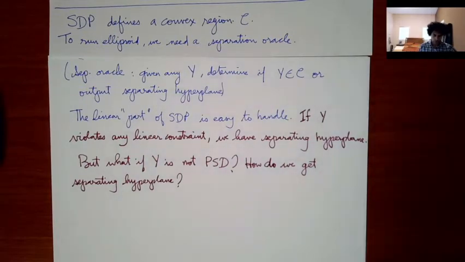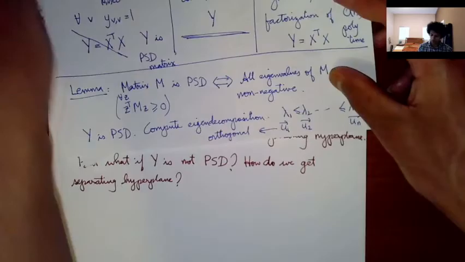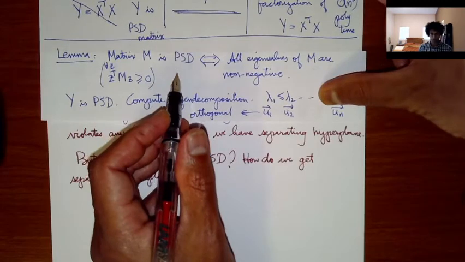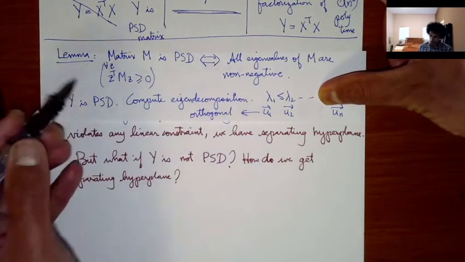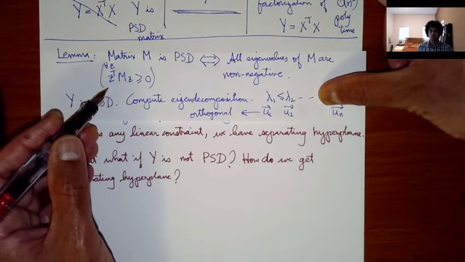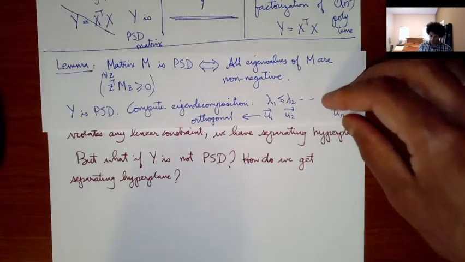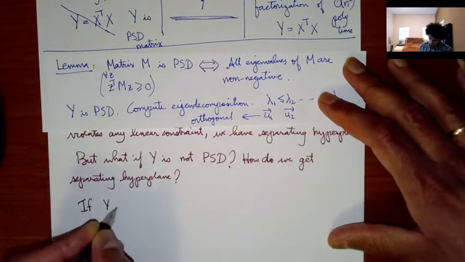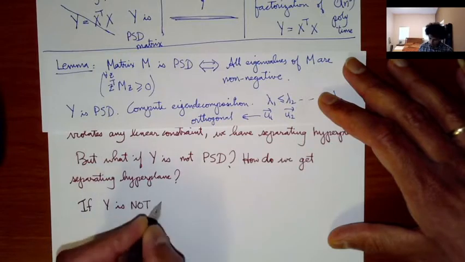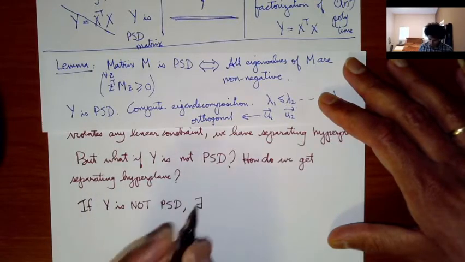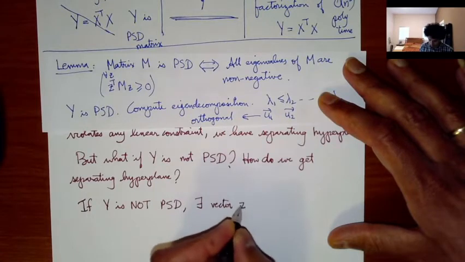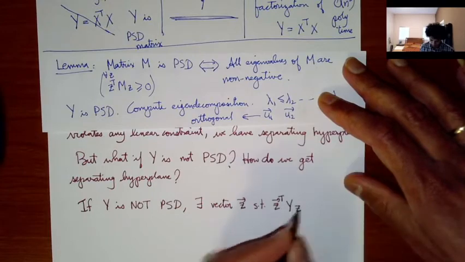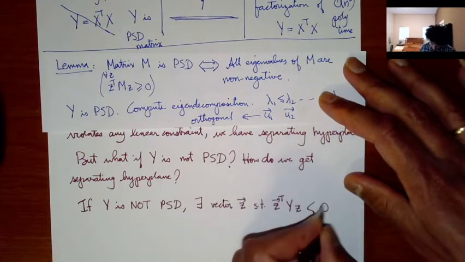So remember, I said if a matrix is not positive semi-definite, then by definition there exists a Z such that Z transpose MZ is less than 0. So if Y is not PSD, there exists a vector Z such that Z transpose YZ is strictly less than 0.